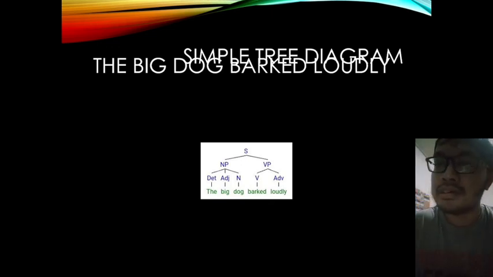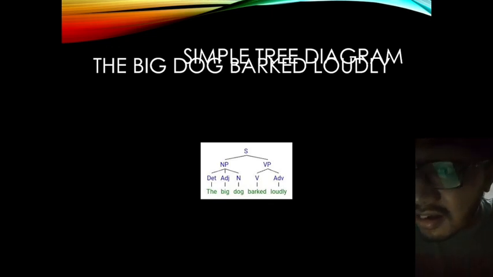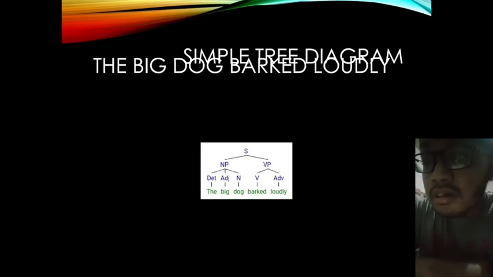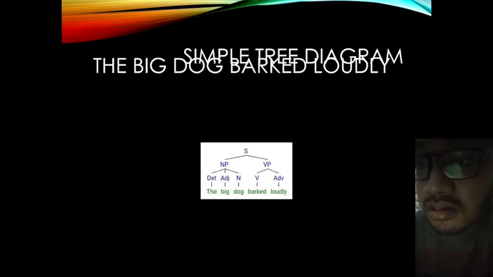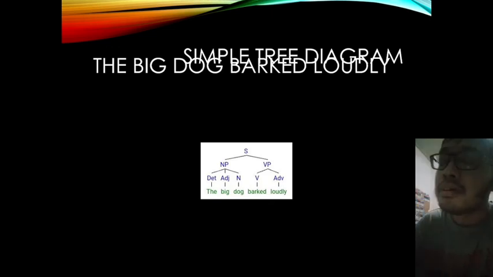As we can see here, it's divided into noun phrase and verb phrase, and then the NP is divided again. Let's just skip this because I cannot see it.